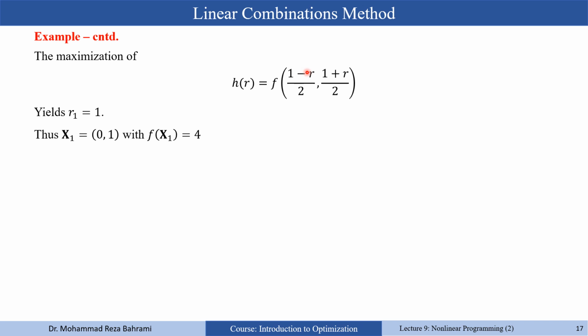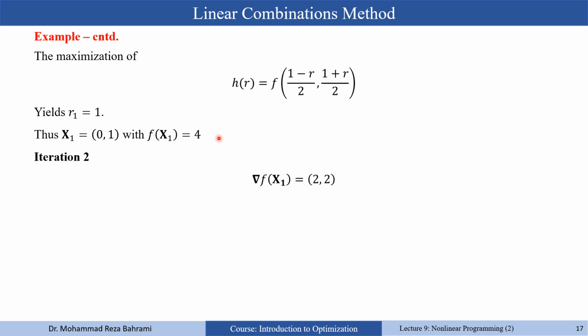This is just one variable, right? So making the derivative equal to 0, you will get the answer. So R1 is 1, for example, R at iteration 1. Then you substitute it into the Rx, so this is the next point, and you have the value for it, which is 4. So we need to continue.